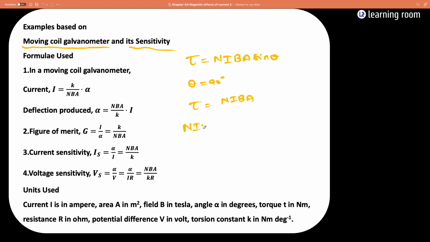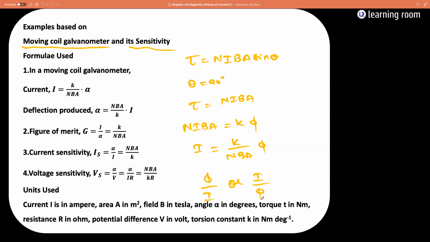So if I say NIBA is equal to K into phi, where phi is the deflection, then I will be equal to K divided by NBA into phi. Now I'll be able to define two parameters: phi divided by I or I divided by phi.